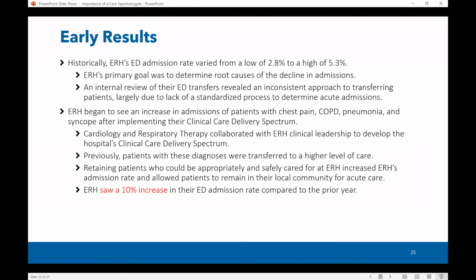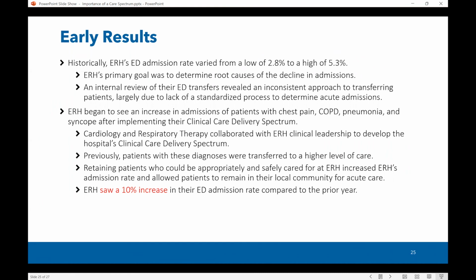After they developed their care delivery spectrum, they began to see an increase in their admissions for chest pain, COPD, pneumonia, and syncope. Cardiology and respiratory therapy collaborated and were part of developing the care spectrum.